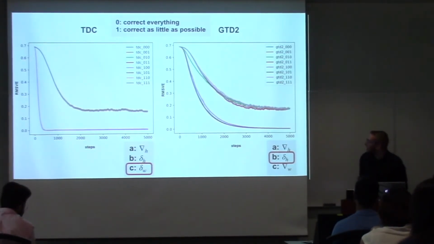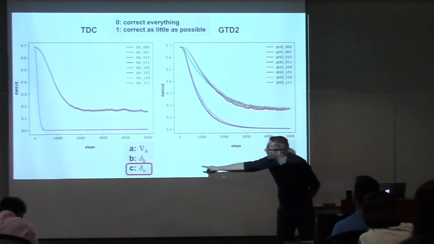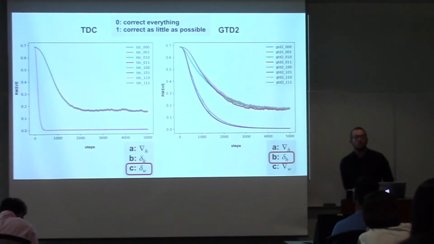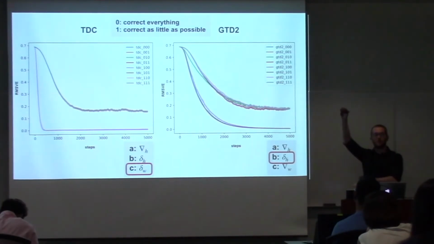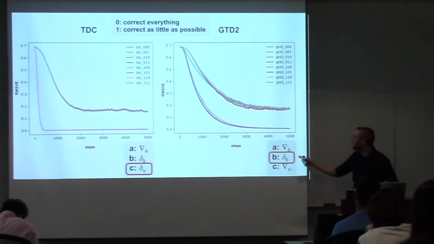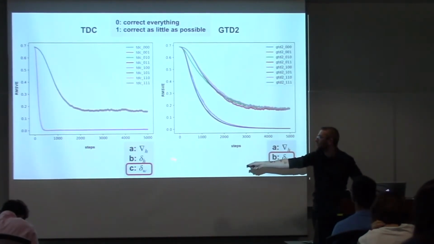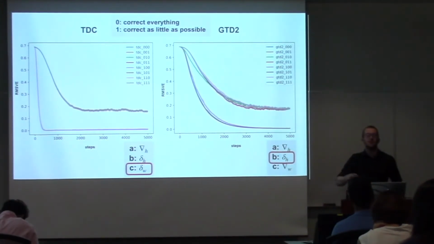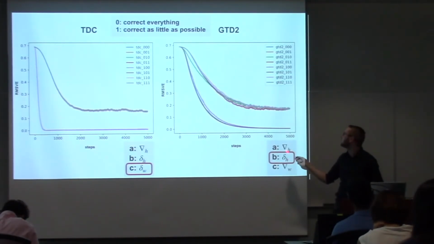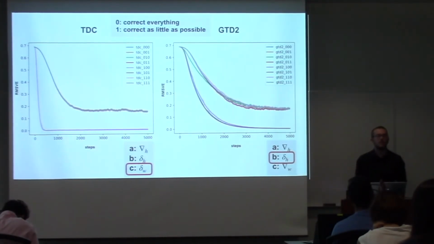It looks like the same things are circled in all of the experiments I've done so far. Whenever things clearly have obvious differences between them, it's always these same two things that are circled. So for TDC, it's the ratio placement on the TD error used in the primary weights, and for GTD2, it's the TD error in the secondary weights.